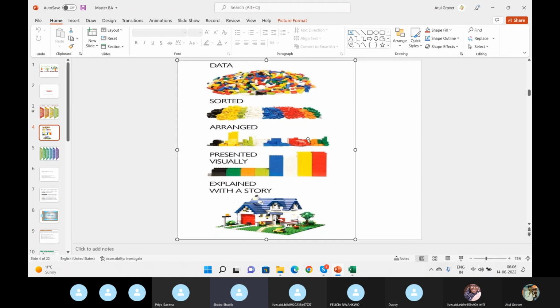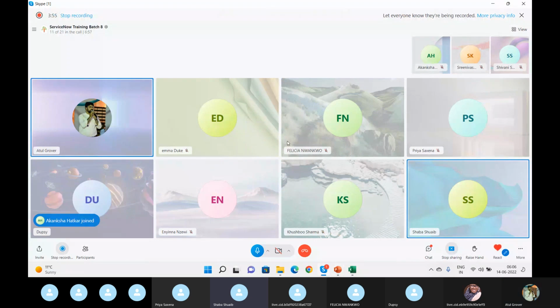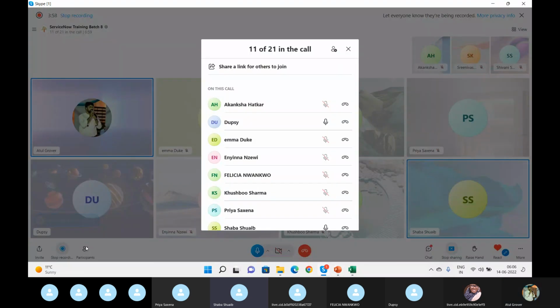You pick the color and arrange them, group the color based on black, yellow, blue, red. Then present it visually, showing what the red and yellow stand for, and what the other colors stand for.